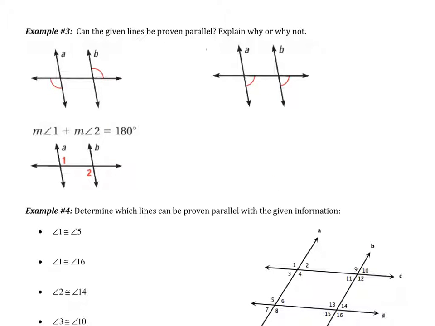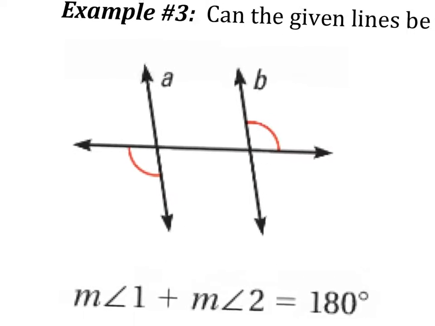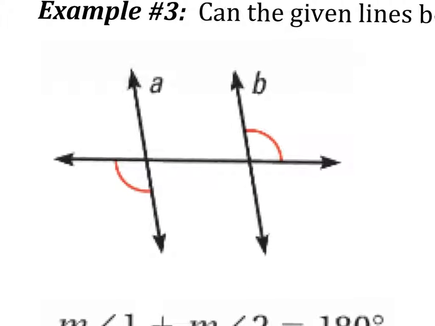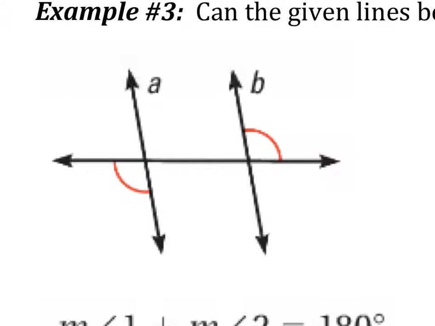All right, you're given the following situations. You are supposed to determine, okay, are the lines parallel? So think about the 4 statements that we wrote at the beginning. So in example 3, the one on the left, okay, you got to think, are the 2 red angles corresponding, alternate interior, alternate exterior, consecutive interior? Think about what they would be.